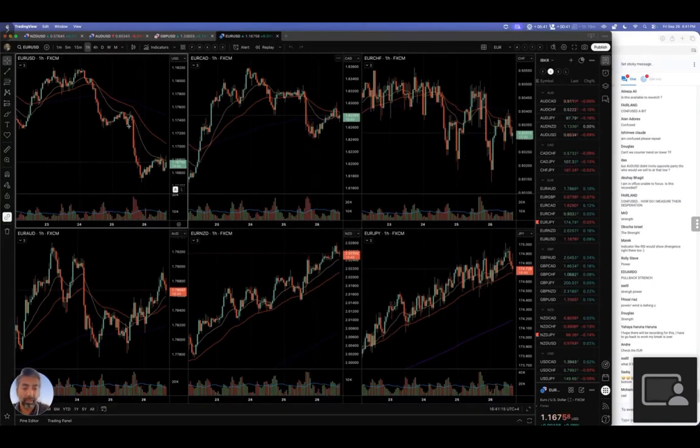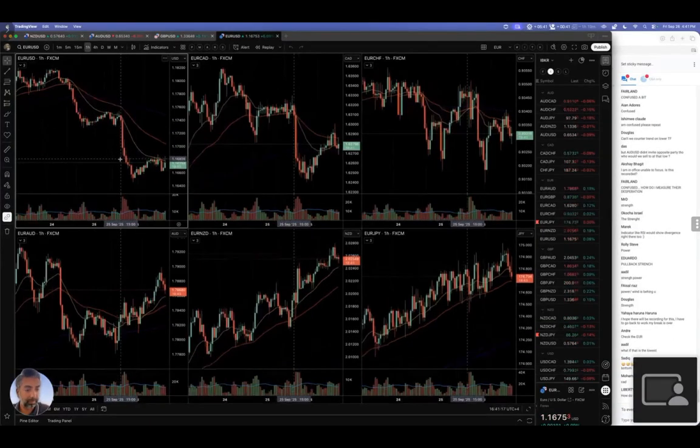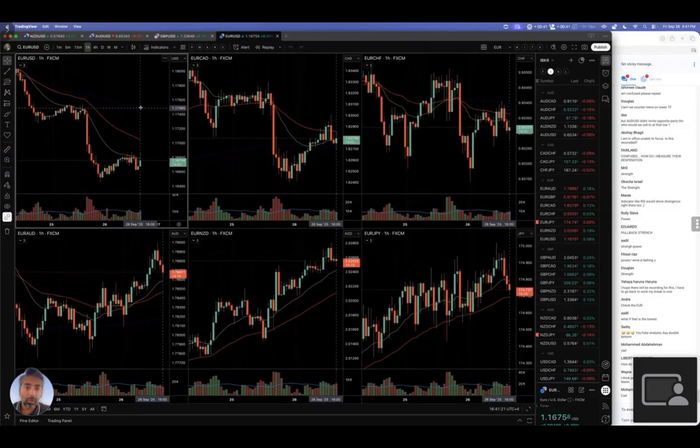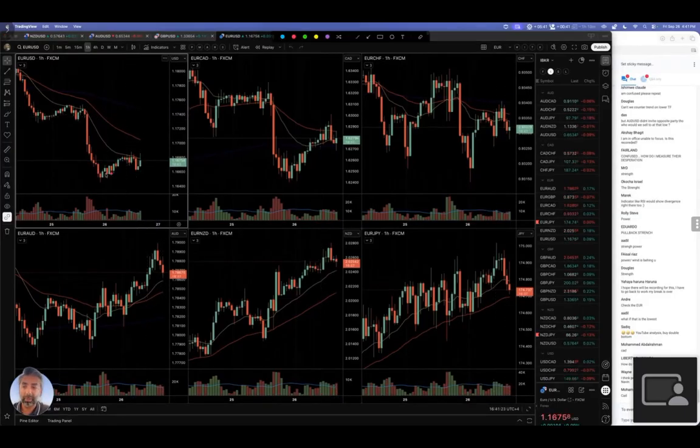Does everyone understand here? Take a look at this group, now in Euro USD. Now try to do this with me. Euro Aussie. All the euros are on the left side. This one, this one, this one, all of them, they're on the left side. So there is no difference in colors.